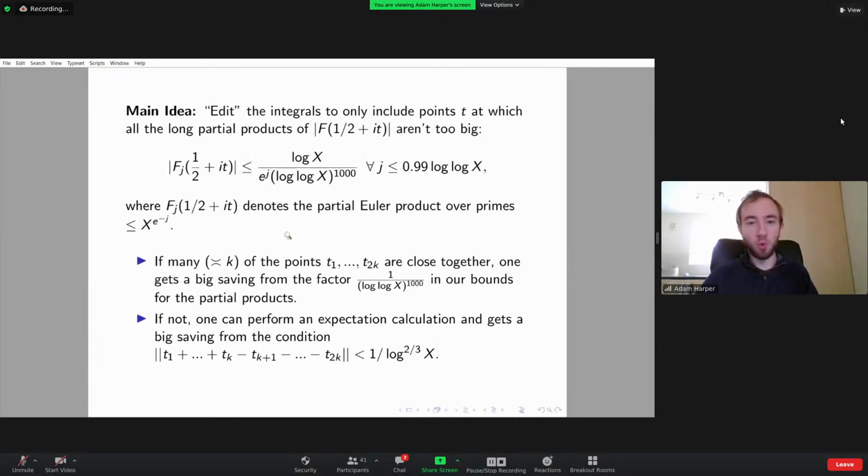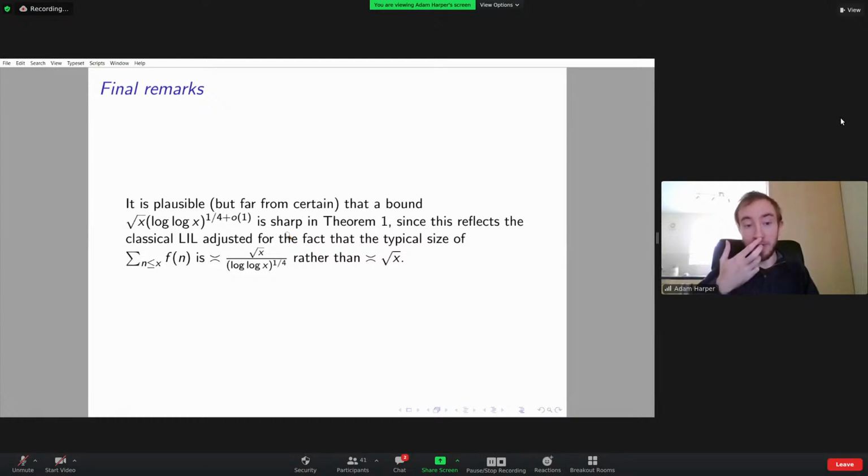But to finish the talk in time, I just want to make these 2 final remarks that I promised. So I said at the start that maybe this exponent 1/4 in theorem 1 was sharp. Why might that be? Well, in the classical law of the iterated logarithm, you get size square root x times square root log of x.